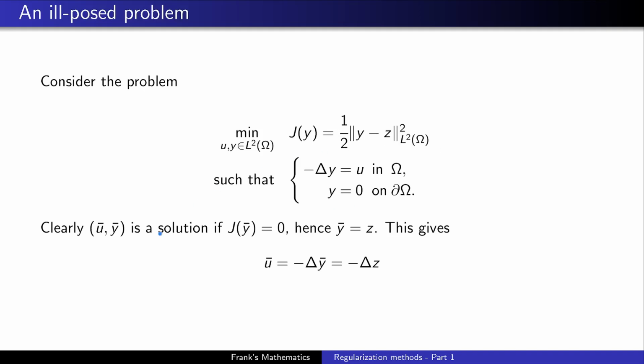Of course, it's very clear that a couple bar u, bar y is a solution if the objective function is 0, or in other words, if bar y is z. If we plug this into our heat equation, we know that in this case bar u must equal the negative second derivative of z. And this now gives us the possibility to construct solutions where number 3 of the definition of well-posedness is violated.